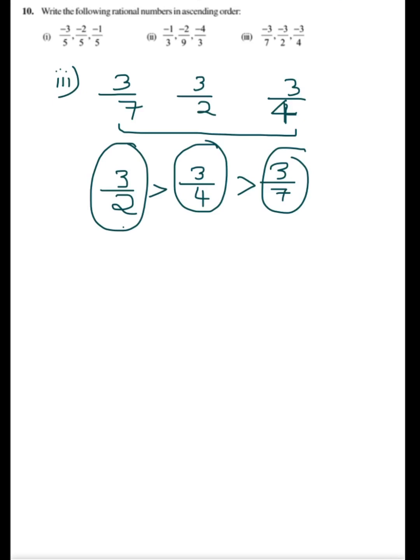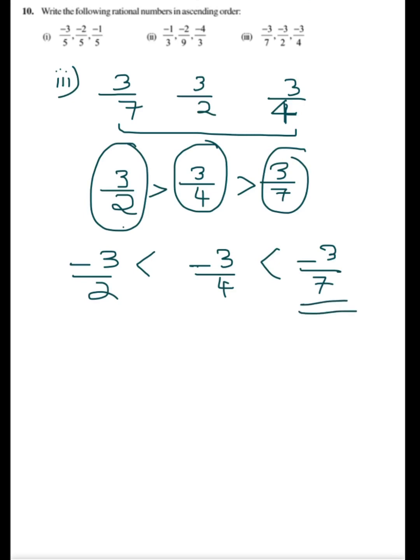Now what happens if you are considering the negative sign, that is minus 3 by 2, minus 3 by 4, minus 3 by 7? Then what happens? You have to reverse the order. Okay, this means minus 3 by 7 is the greatest number among these, and minus 3 by 2 is the smallest number among these.